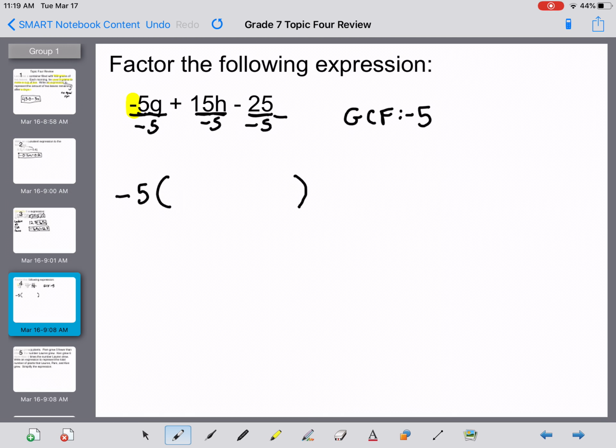Negative 5 divided by negative 5 is 1, and the G just comes down. Positive 15 divided by negative 5 is negative 3, and the H just comes down. Negative 25 divided by negative 5 is a positive 5. So this would be my factored expression.